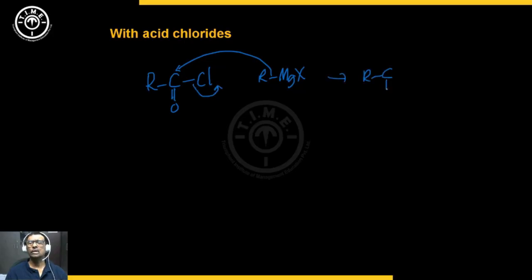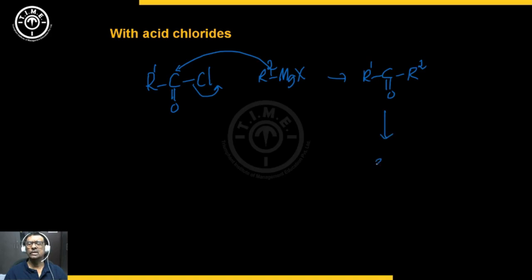So RCOR. If you find that all are R's, it may mislead us that all R's need to be the same, but they need not be. So if that is the case, I'll put an R1 here and an R2 here. So this is the R1 there and that is the R2 there. I think this should be good.